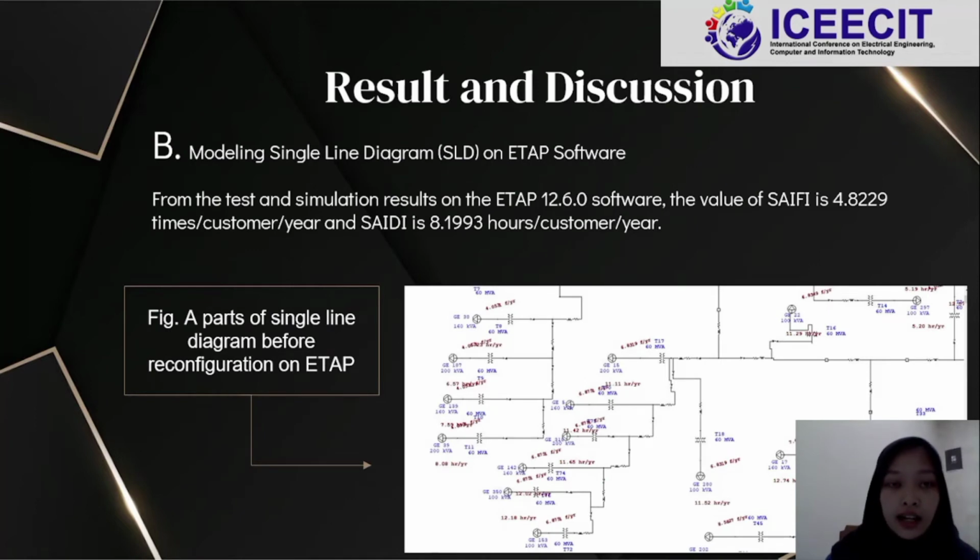And the second point is modeling the single line diagram or SLD on ETAP software. From the test and the simulation result on the ETAP 12.6.0 software, the value of SAIFI is 4.8229 times per customer per year, and SAIDI is 8.1993 hours per customer per year.